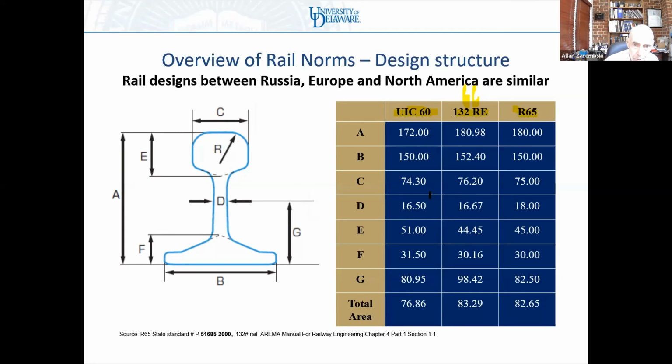You can see the bases are really the same. The heights of the rail are a little bit different, because these two are a little bit heavier. The 66 and the 65 are both about 180 millimeters tall. UIC 60, which is 10% less weight, is about 172 millimeters tall.